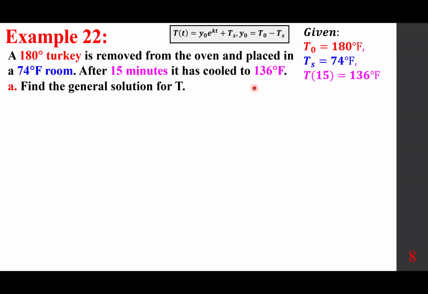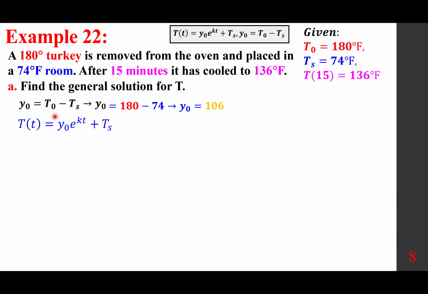So what do we do? We start writing y sub 0 is T sub 0 minus T sub s. Therefore, y sub 0 is 180 minus 74, and y sub 0 is 106. So we are going to rewrite this as T of t equals 106 e to the power of kt plus T sub s, which is 74.